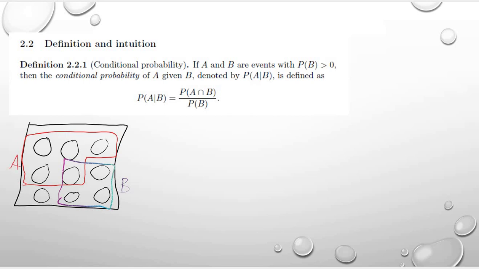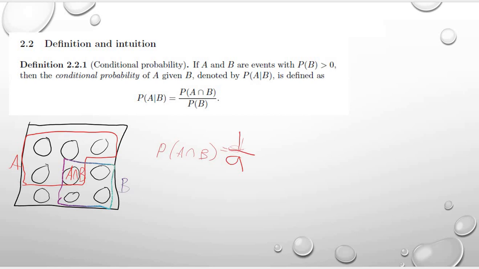Now we can start taking a look at this picture, and we see this little square in here, this pebble, is the intersection A intersection B. And so we want the probability of that. Well, it's only 1 pebble out of 9 in our sample space, isn't it? So we have the probability of A intersection B equals 1/9.